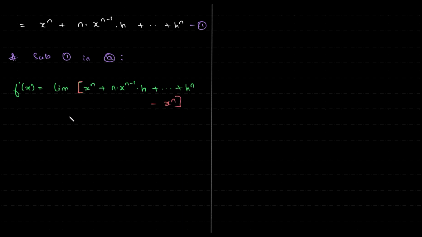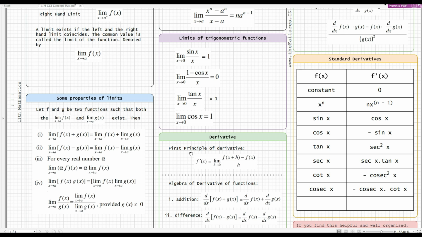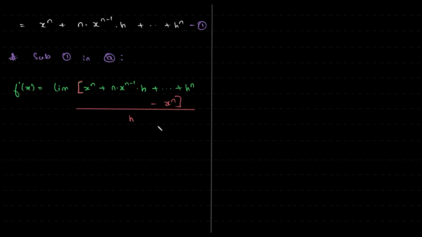Okay, so please understand this. This entire expression is your f of x plus h, and this is your f of x, and we have this getting divided by h, right? So this is your first principle of derivative. I wrote the expression for f of x plus h in green, and f of x in red. Now, can I cancel something over there?